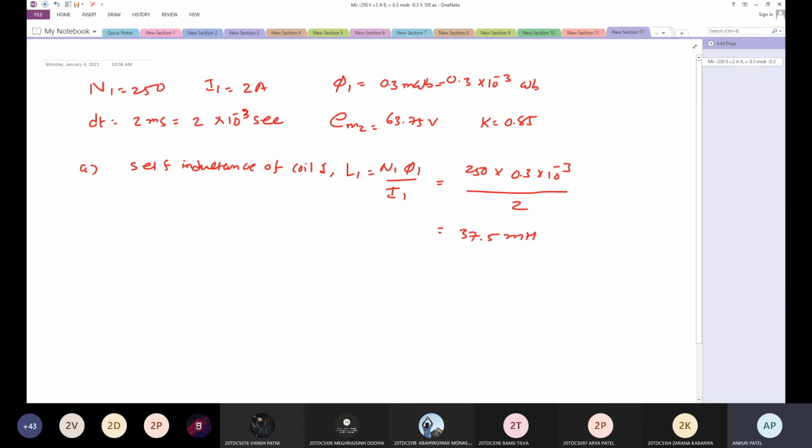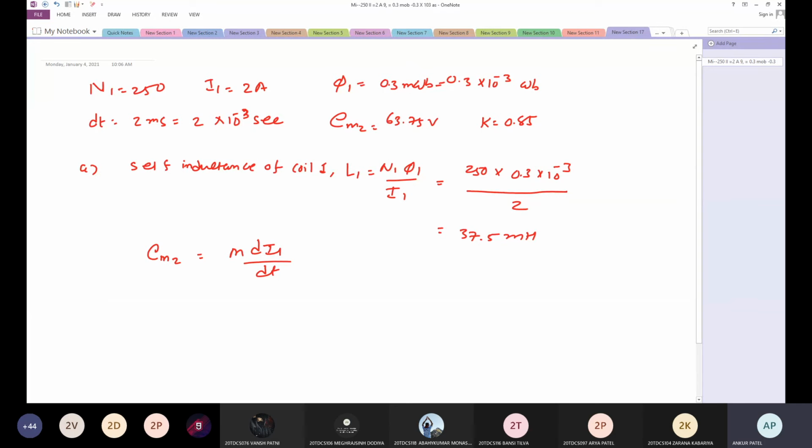Now we know L2 will be found by this coefficient of coupling. Okay, this L1 we found, still L2 is remaining, but we know the relation for EM2 is equal to M di1 by dt.